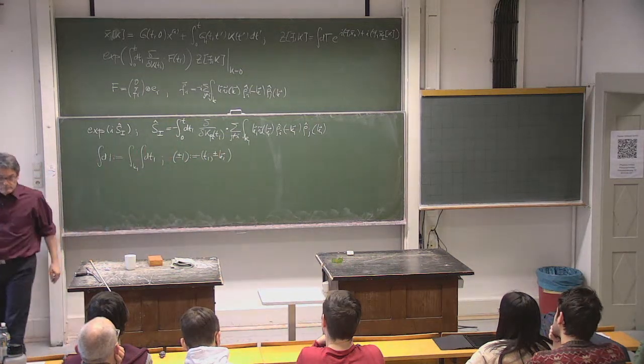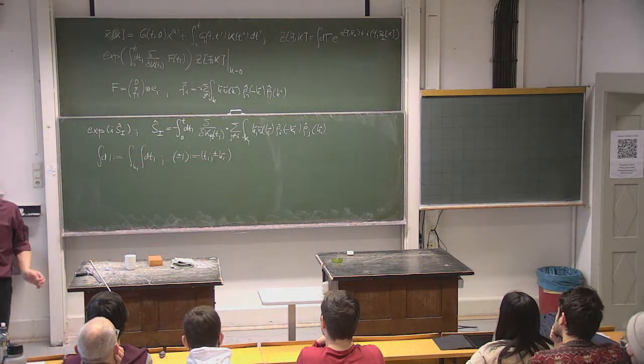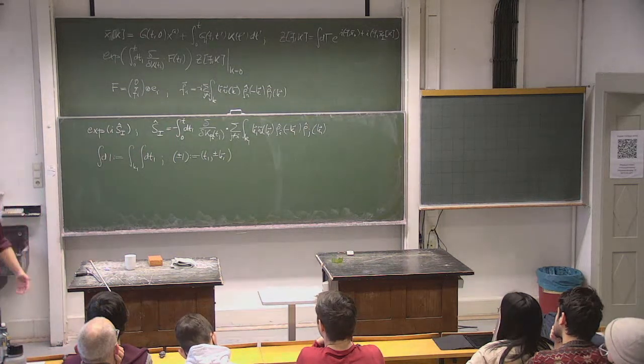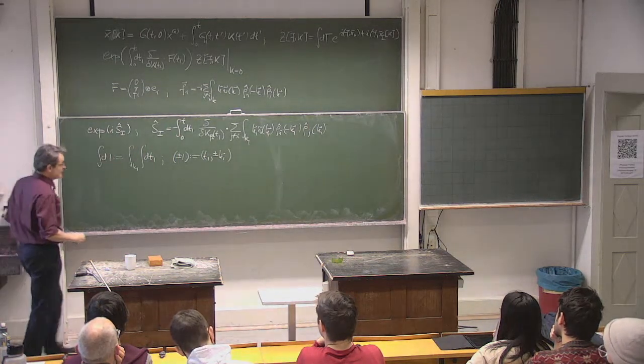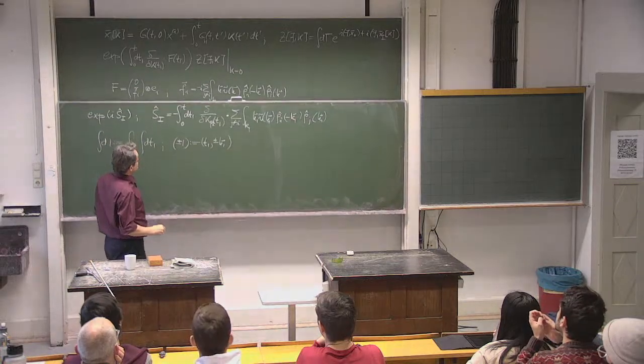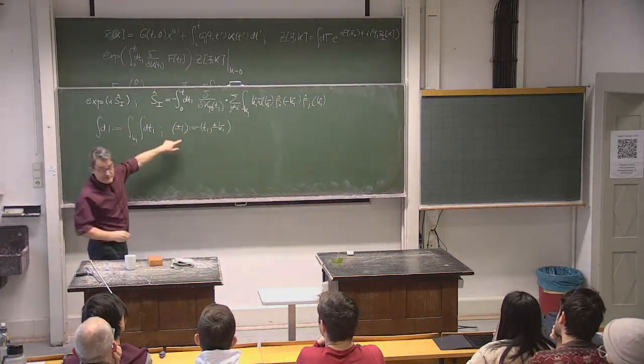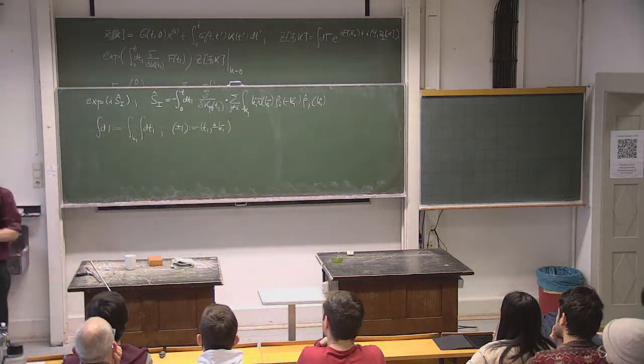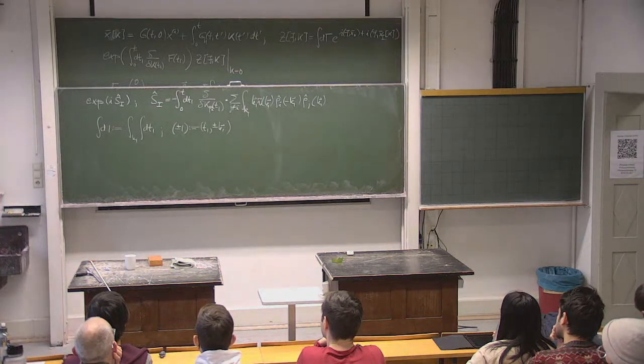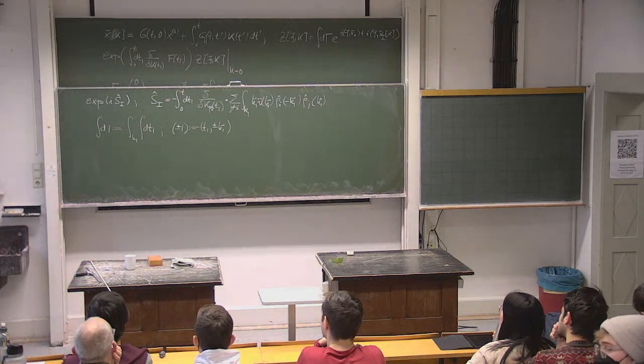Same for plus. So 1 abbreviates the position in Fourier space and an instant of time. And this piece of notation, as awkward as it may look, is standard in statistical physics.